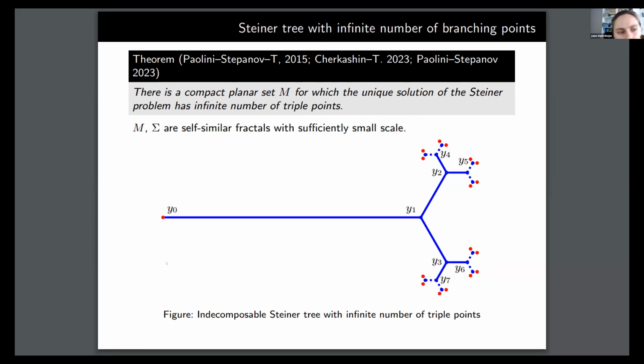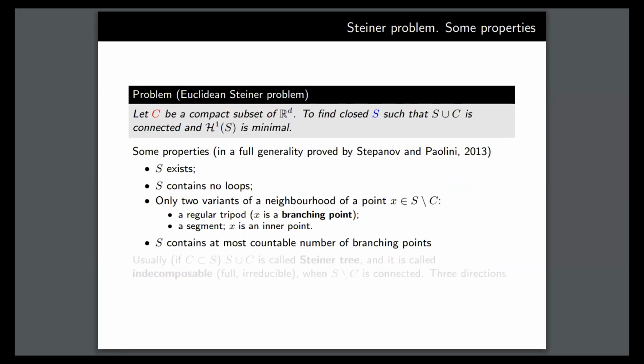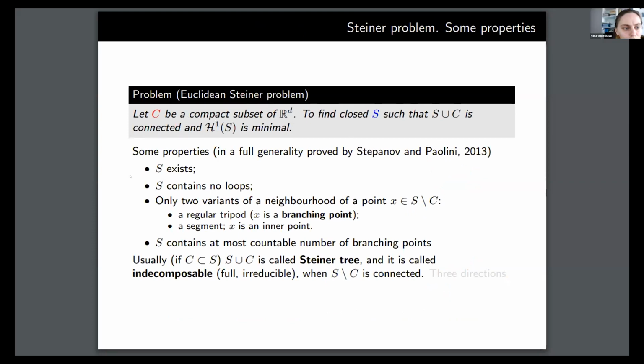I don't know if Steiner trees are in any way related to Steiner triple systems. I think there's just one man. Okay. There is no connection, as far as I know. Okay, thank you.